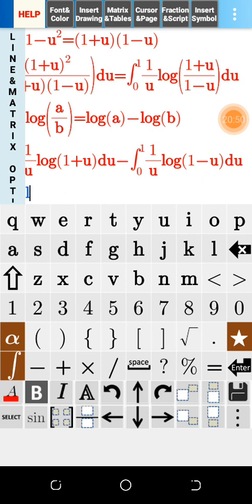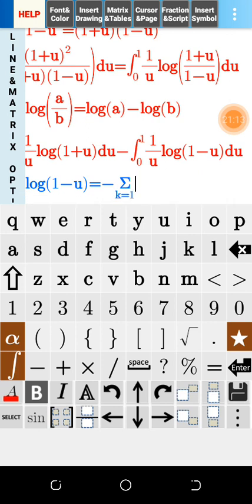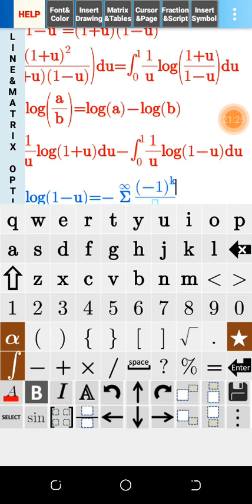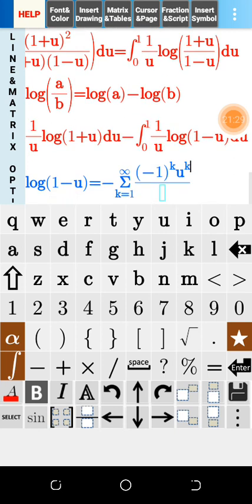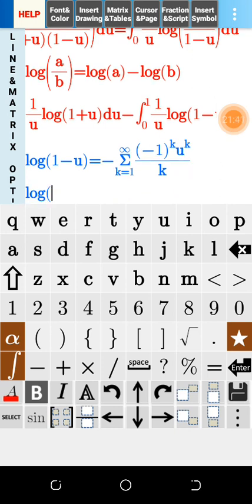Don't forget that log(1 - u) is equal to minus the sum from k equals 1 to infinity of u^k over k, and log(1 + u). Oh, sorry, this is 1 plus u.